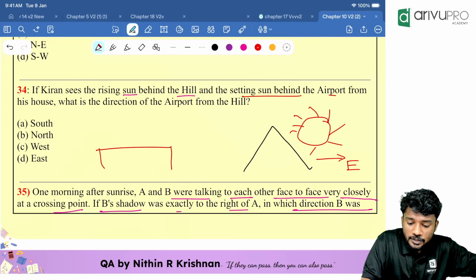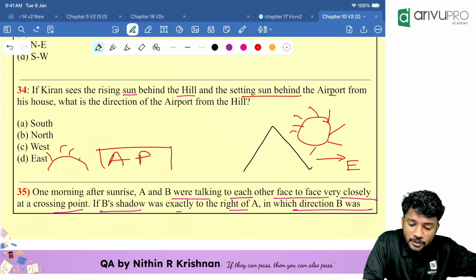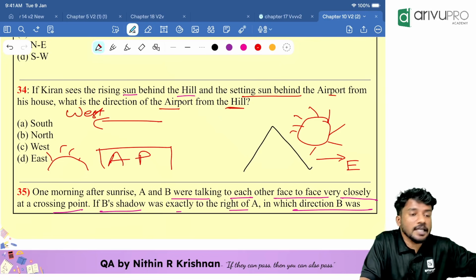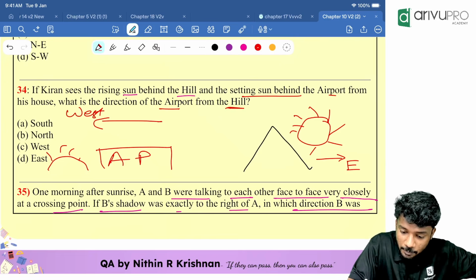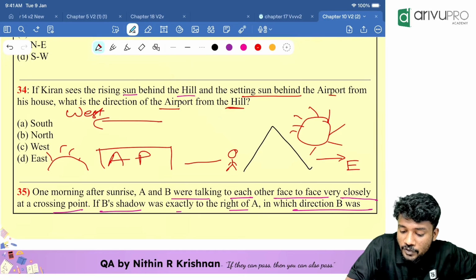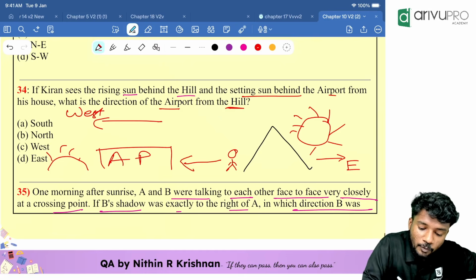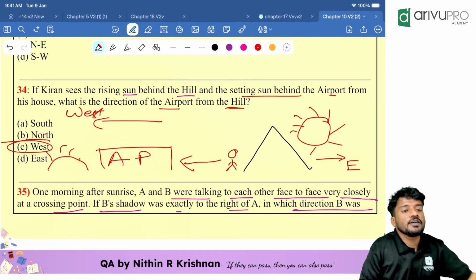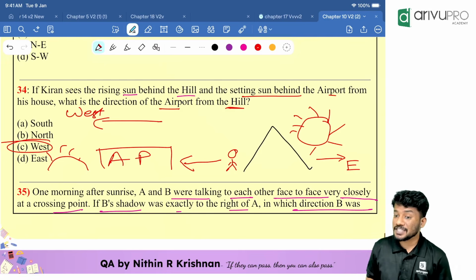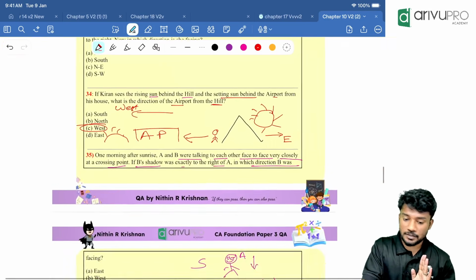Airport is there and the sun is setting behind the airport, so this direction is the west direction. What is the direction of the airport from the hill? For example, our red boy is standing here on the hill and wants to go to the airport. Which direction should he move? He should move in the west direction. Option C is the answer. This is the second type of question which can come from direction based questions.